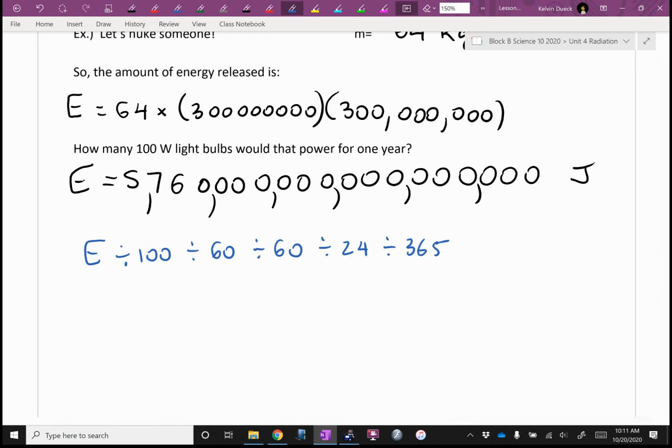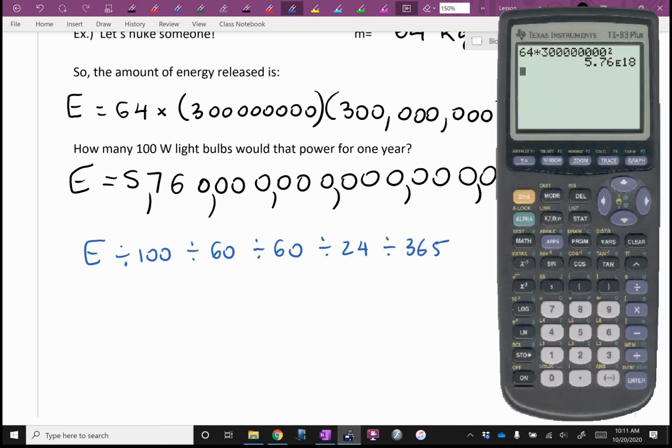So if you have this number on your calculator, and you use your answer button and go divided by 100 watts per bulb, 60 seconds in a minute, 60 minutes in an hour, 24 hours in a day.